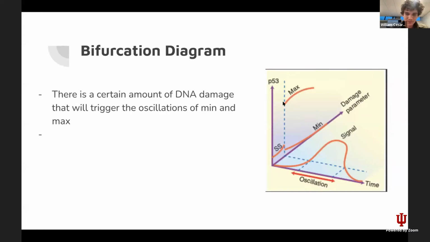DNA damage is on this axis, P53 is here, and time is here. So it's sort of a 3D bifurcation. Once we hit this amount of DNA damage, we will go away from the steady state, and we will either have a maximum or a minimum, and we will be oscillating between the two. Okay.